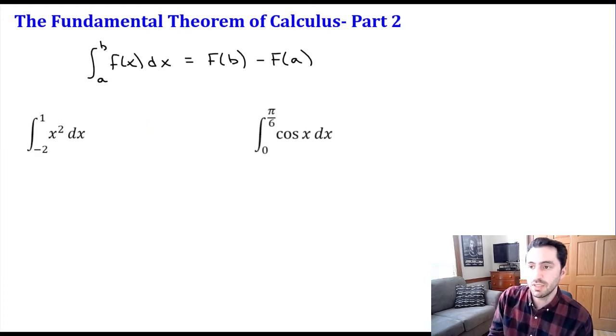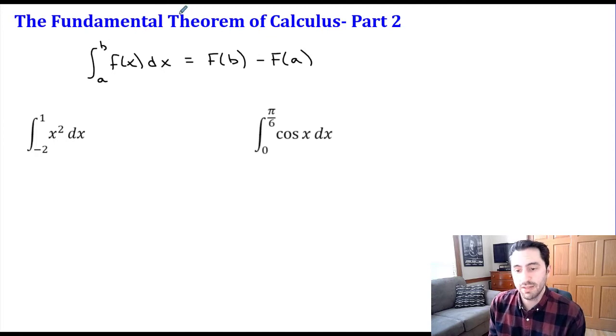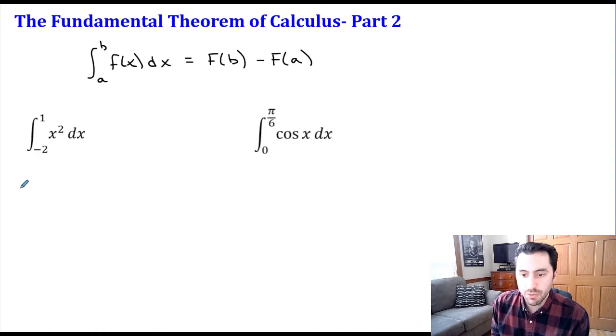And now let's use this in just a couple quick examples. So the first example, I have the integral from -2 to 1 of x squared times dx. So the first thing we need to do is find the antiderivative of x squared. So this is where part 1 of the Fundamental Theorem of Calculus comes in.